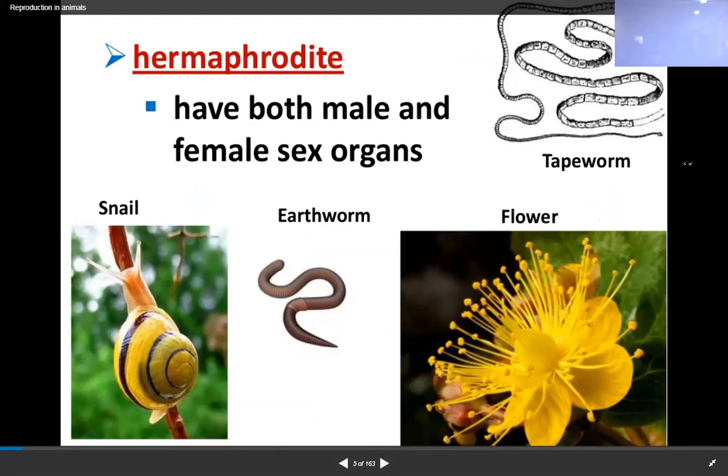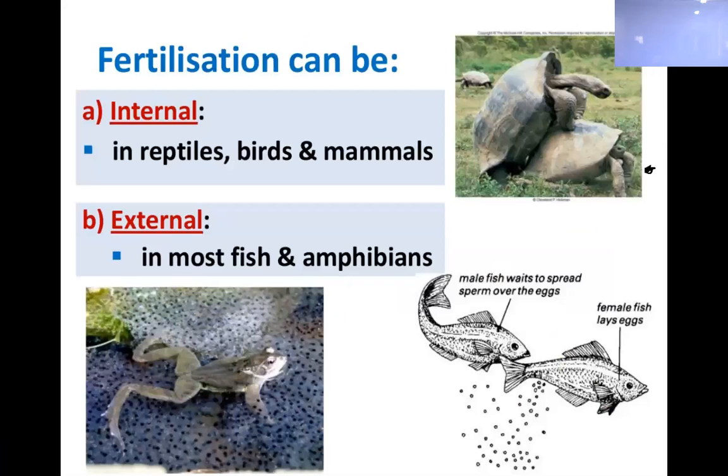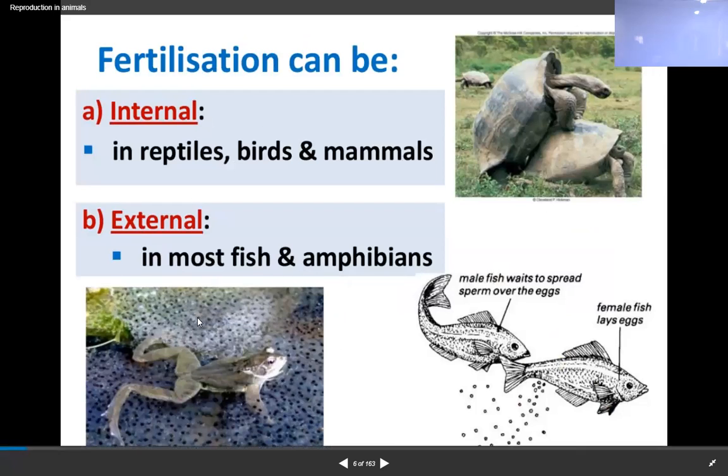Earthworm, for example, here you can take hermaphrodite. Now there are two types of fertilization: internal fertilization and external fertilization. Internal in reptiles, birds, and in mammals. External in most of the fish and the amphibians.